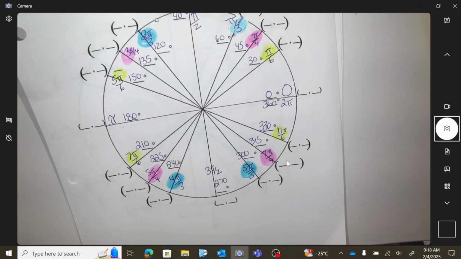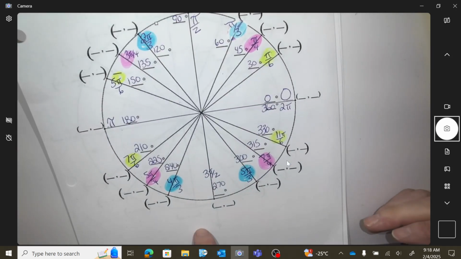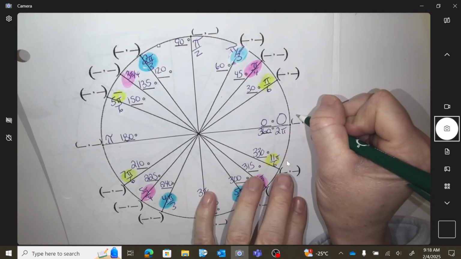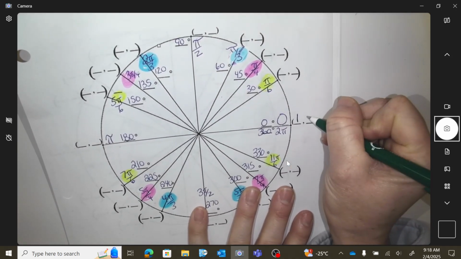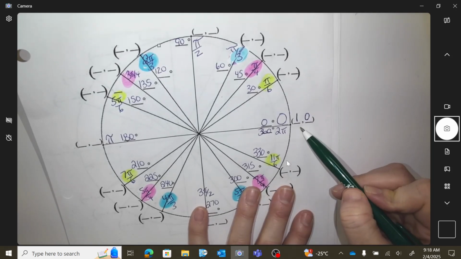Okay, so we basically did all that yesterday, but we didn't have time to do the coordinates, so this is a recap of grade 11. I'm going to do the 4 quadrant spots. So over here at 0, we're 1 to the x, 0 height. We are located 1 right, 0 up.